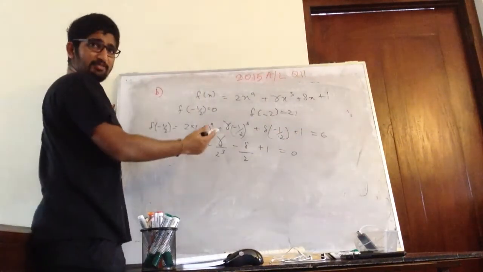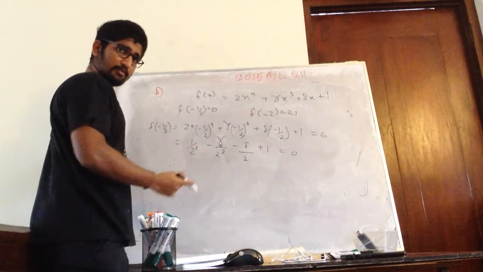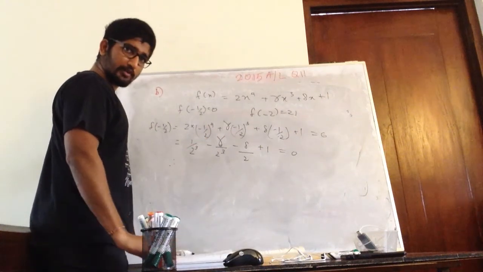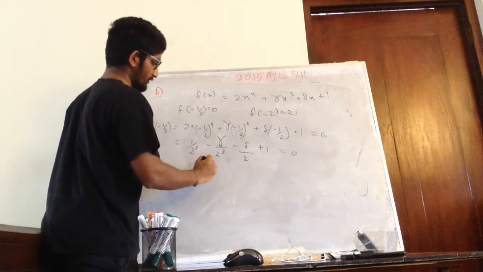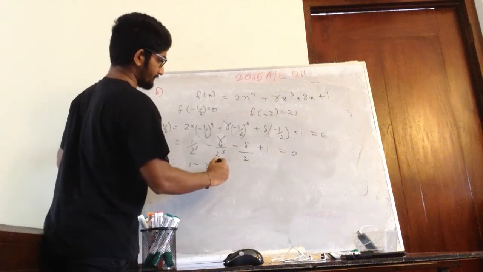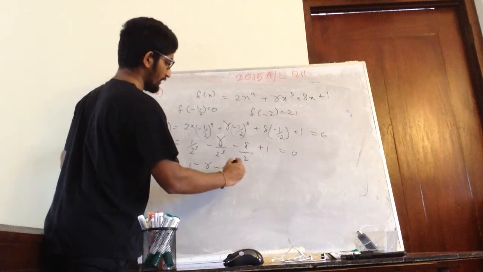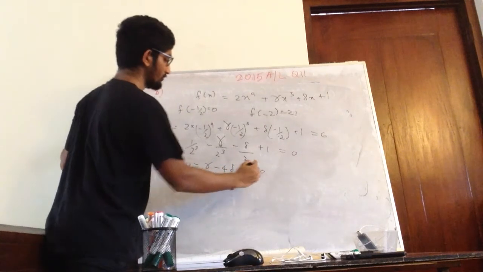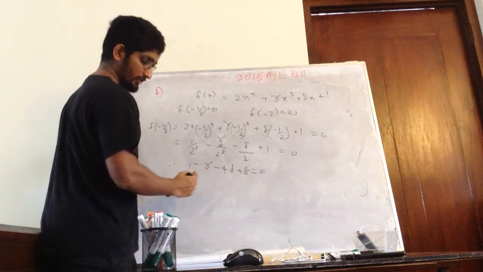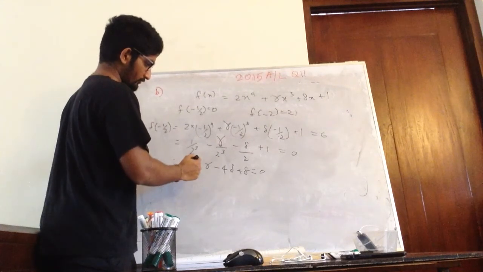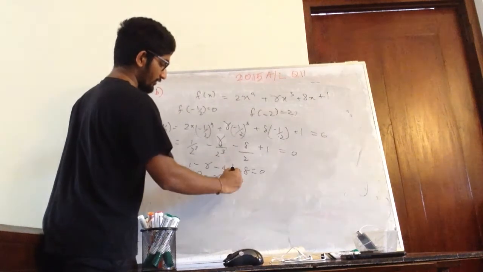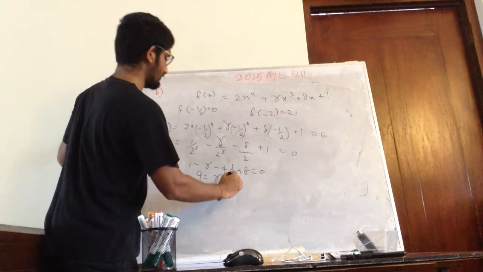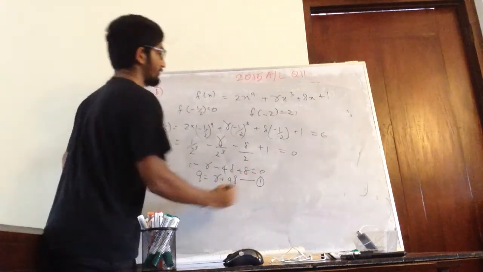So I'm going to multiply by 2 to the power 3, that means 8. That gives 1 minus λ minus 4δ plus 8 equals 0. So I get 9 equals λ plus 4δ. This is equation number 1.